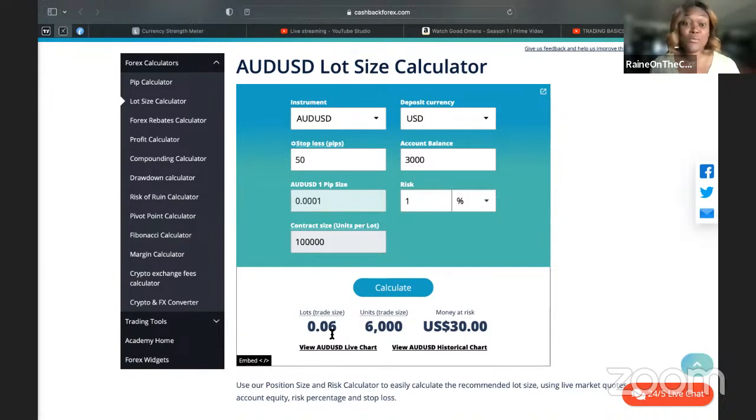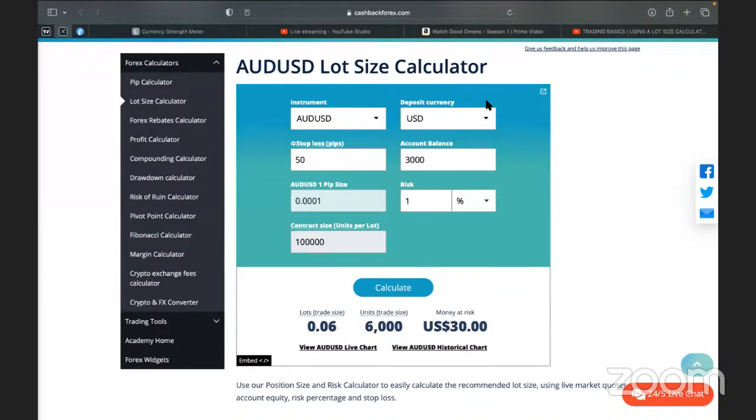Or on the flip side, someone who is not doing 0.01 but guessing and doing 1.0, a standard lot, doesn't know what they're doing. They can just be blowing accounts. So knowing the lot size is also a part of proper risk management. That way you can enter the trade, make sure you have your stop loss in, and you don't have to be watching it. You're 120% correct.